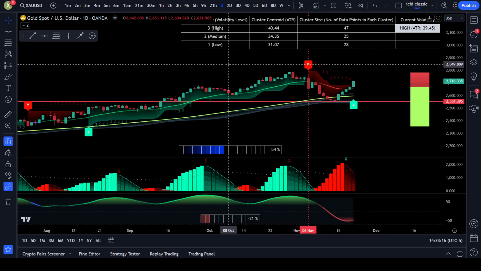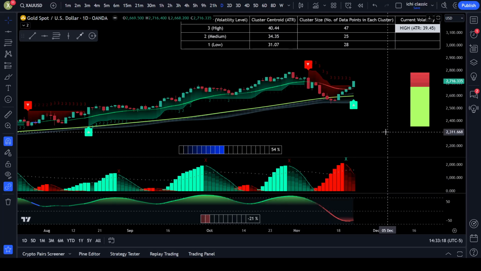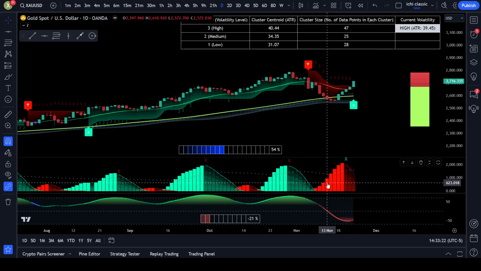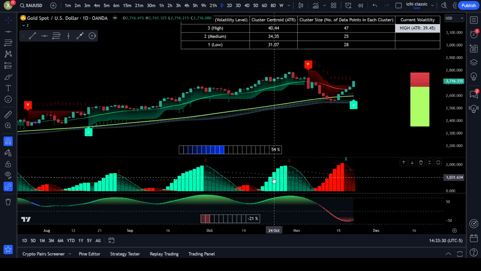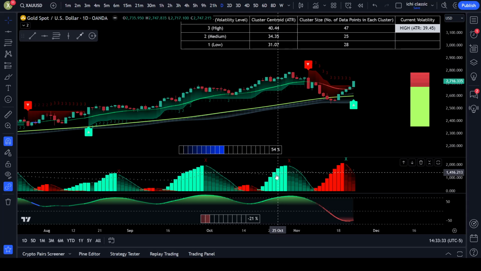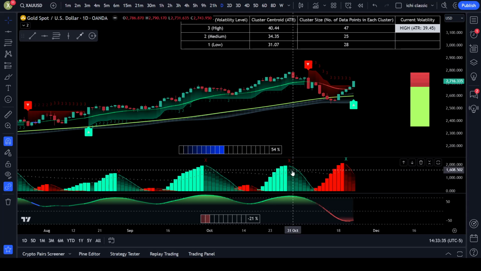So many things need to match if you want to pinpoint the trade, right? These candles and these bars have to be light red above the dotted line or light green above the dotted line.